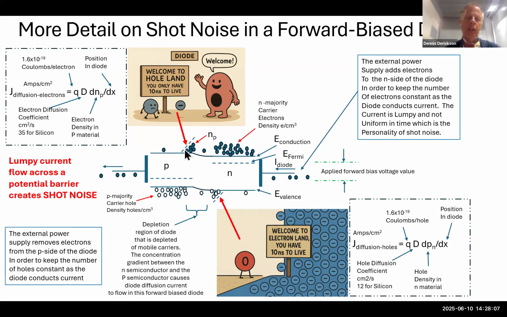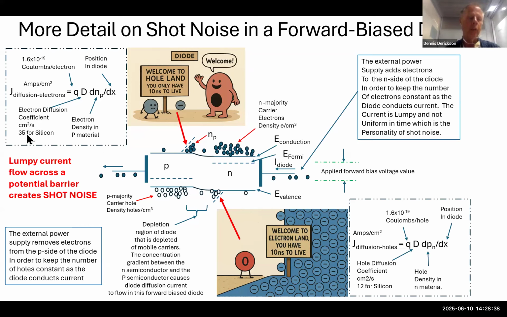And so that population of electrons that diffuse across right here will quickly decrease. And the slope of that line is going to be very important, because the slope of that line is going to determine how much current is flowing in that diode. And that comes from this diffusion equation on the left-hand side. Here it says that the diffusion current of electrons from the N side to the P side, in units of amps per centimeter squared, is the electron charge times something called the diffusion coefficient, which has units of centimeter squared per second.